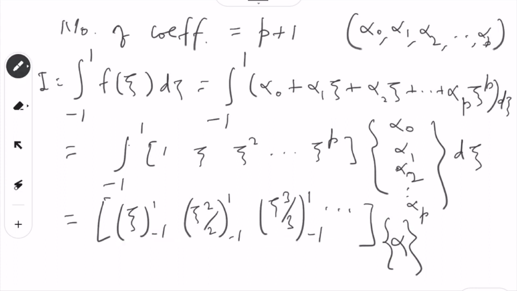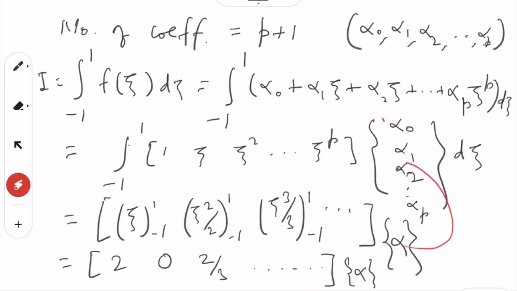If you see here, 1 minus minus 1 becomes 2, so this will be 2. Here 1 square minus 1 square will be 0. What is the value here? It will be 1/3 minus minus 1/3, so 2/3, and so on. You will get this multiplied by the alpha vector, where the alpha vector is nothing but alpha naught, alpha 1, like this.